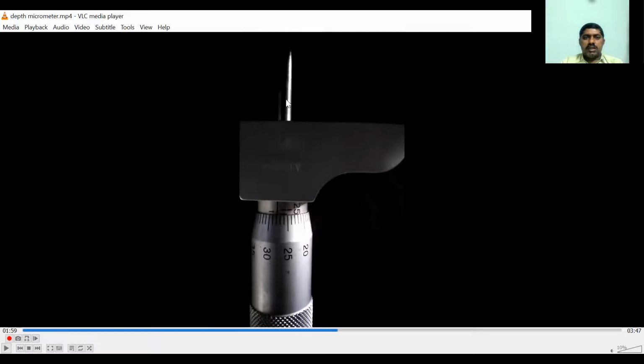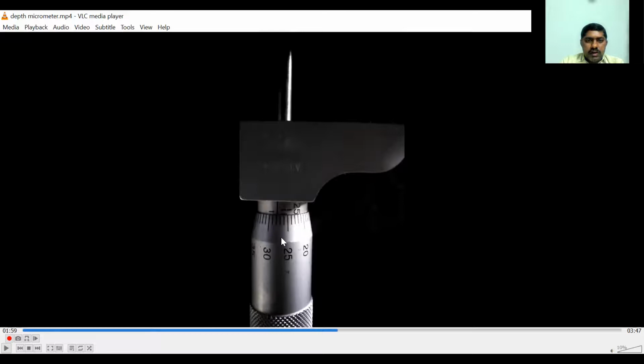So when the thimble is exactly on the 25 mm line, this length is 75 mm. Now it is turned backward. How much has it moved back? Considering it as 0, this is 0.5, and this is 1, so 1 mm.